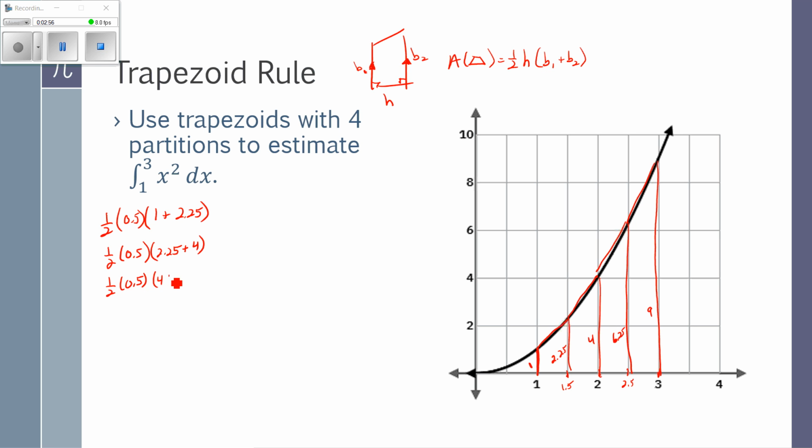The bases are 4 and 6.25. Then for my fourth trapezoid, I have 1/2, height of 0.5. The bases are 6.25 and 9. And then if I add all of those areas up, I get 8.75. And there is my estimate.